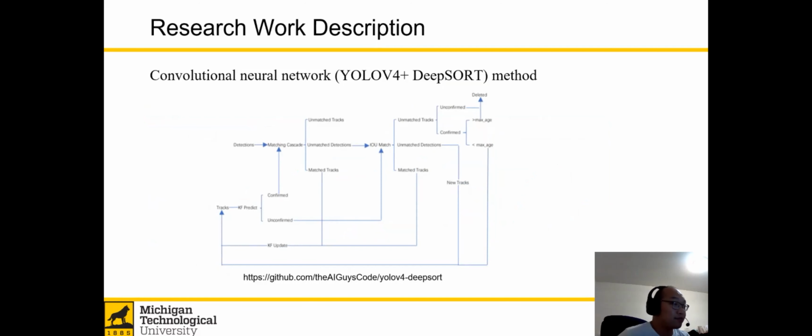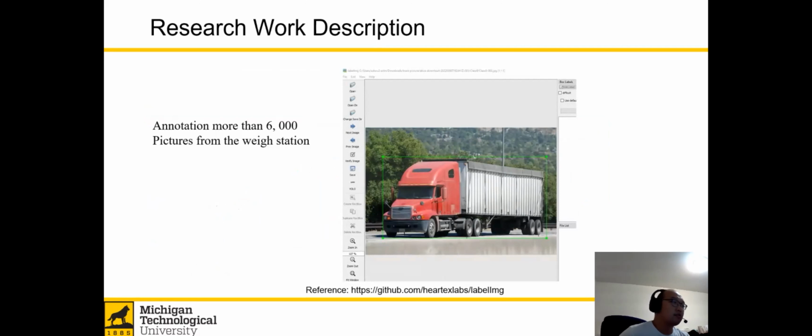We got it from the reference GitHub code, and in order to do the training, we annotated more than 6,000 pictures from the weigh stations, and we used the library image from the reference to get the annotated pictures and train the YOLO models.